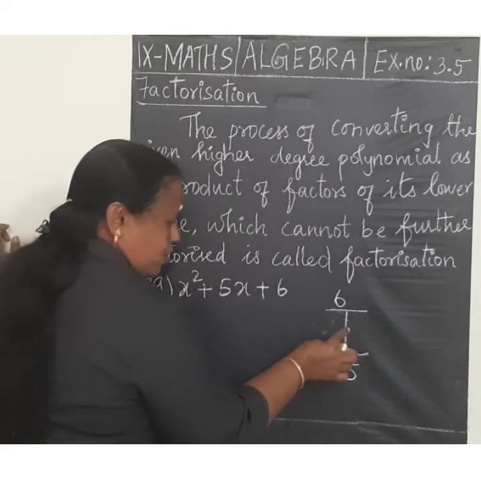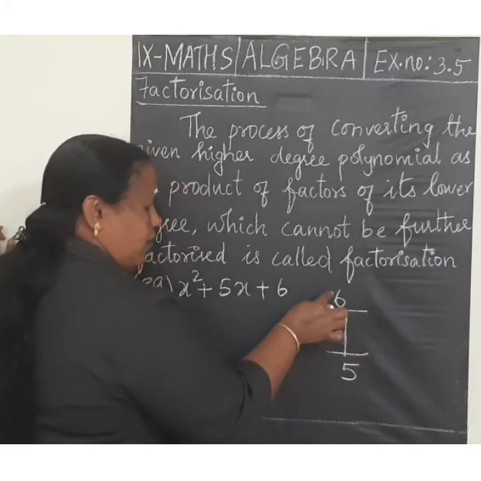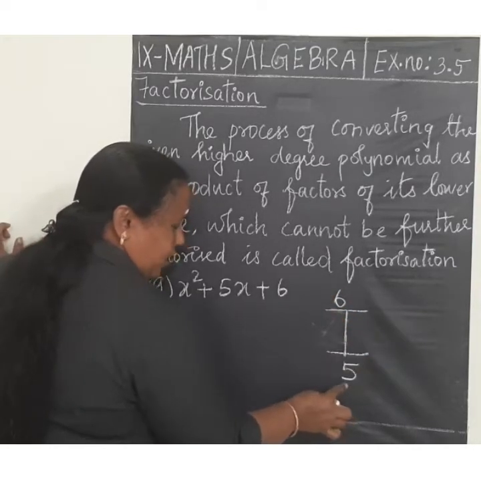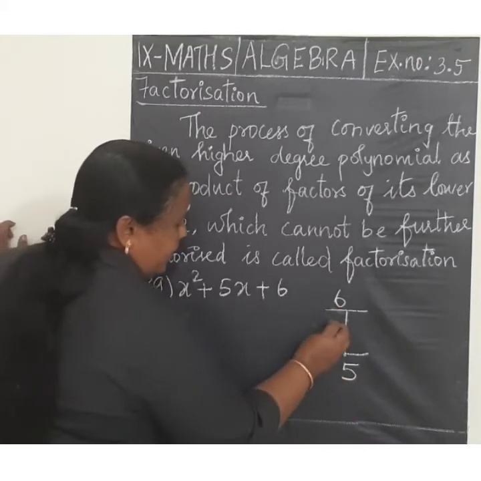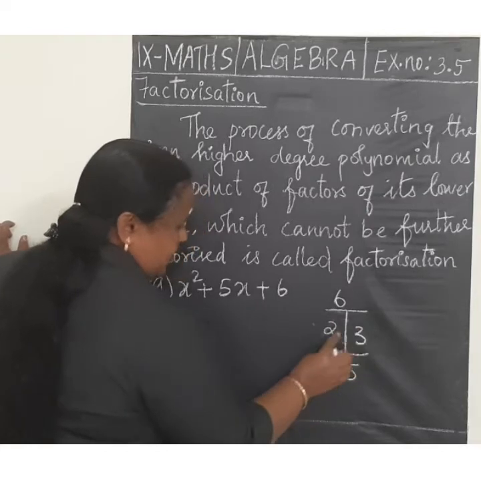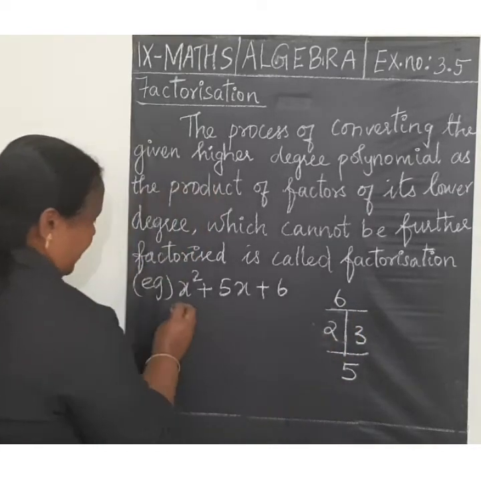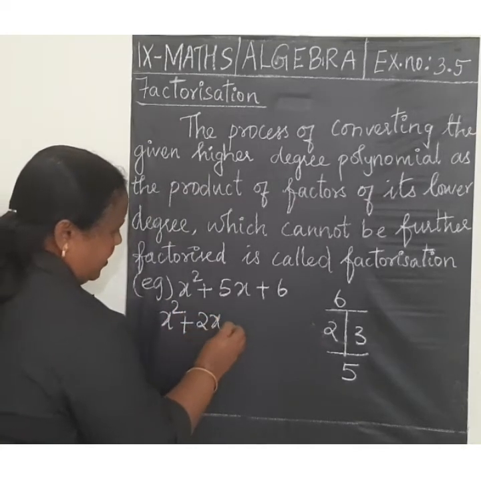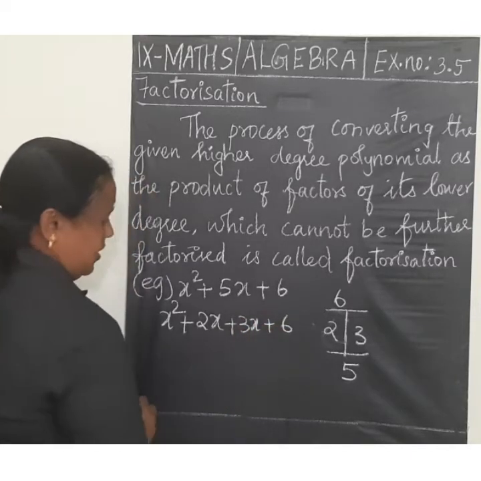So we have to choose two numbers such that if we multiply them, we get the product 6, and if we add them, we get the sum 5. So we can split it as 2 threes are 6, and 2 plus 3 is equal to 5. So we can write this as x squared plus 2x plus 3x plus 6.